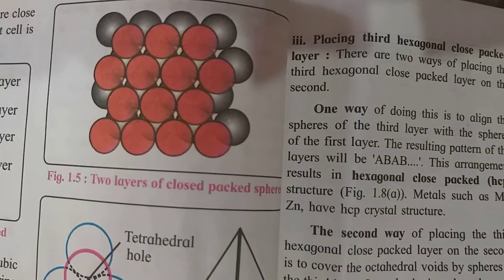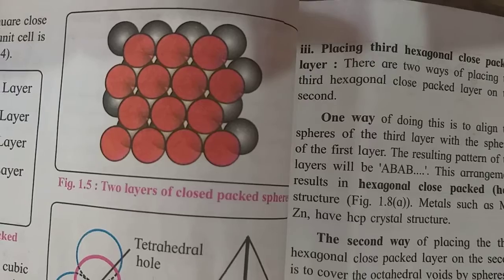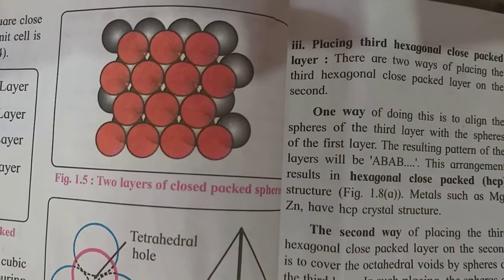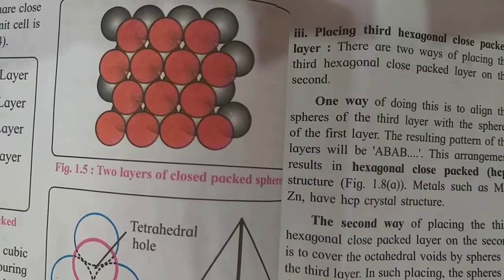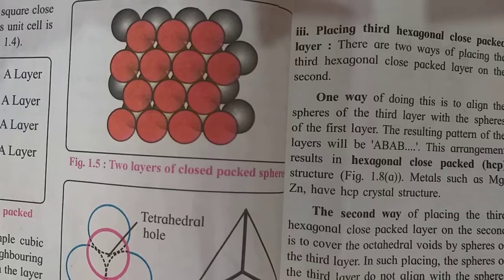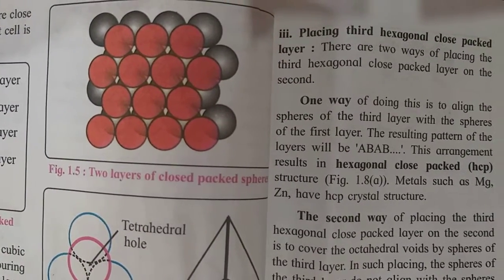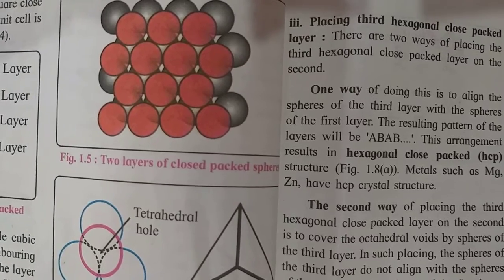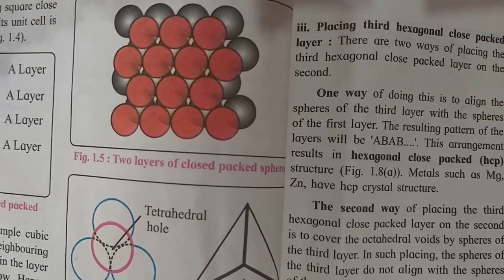The first layer is a hexagonal close packed layer of black spheres, and the second layer is also a hexagonal close packed layer in two dimensions, shown by the red spheres. The second layer is placed on the first, in the depression of the first spheres.